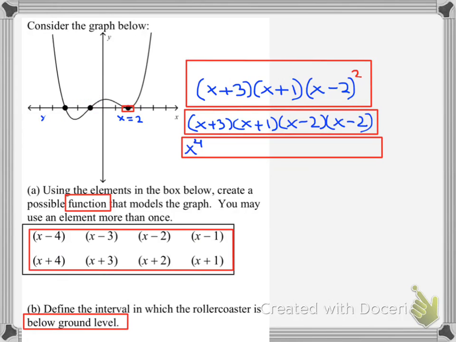So it will be from -3. So let's go and write down your answer. So it will go from -3 to -1. That's when the function is going to be below ground or into negative.